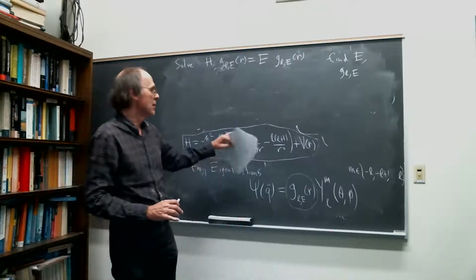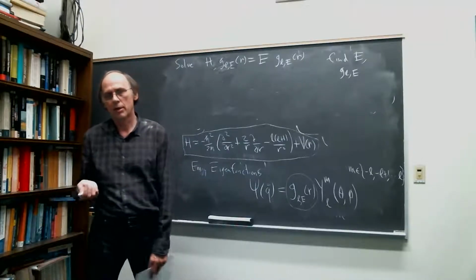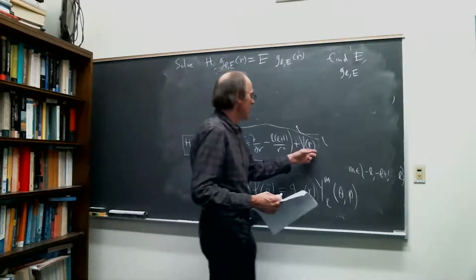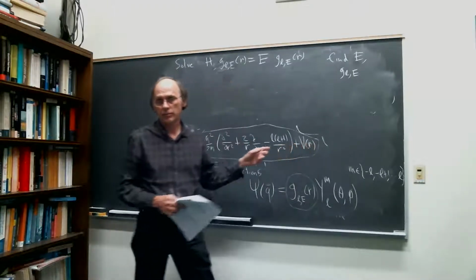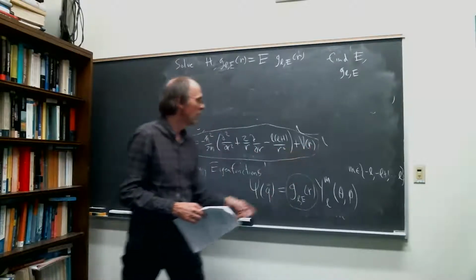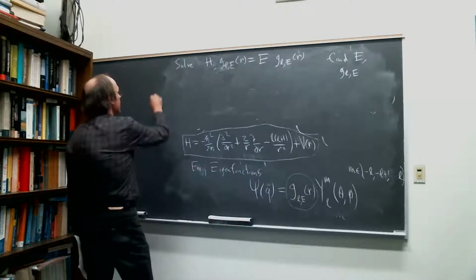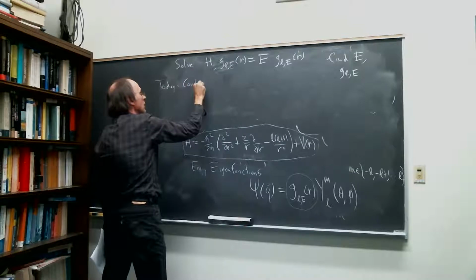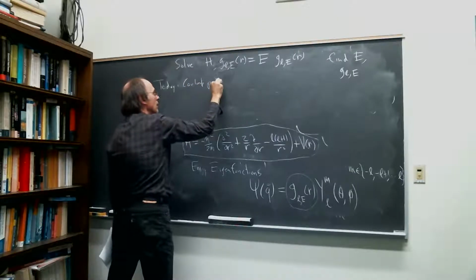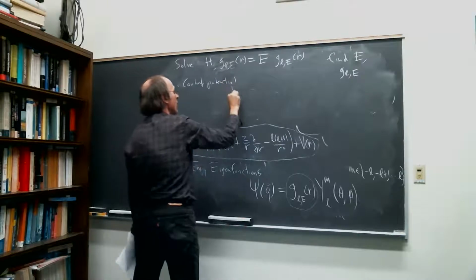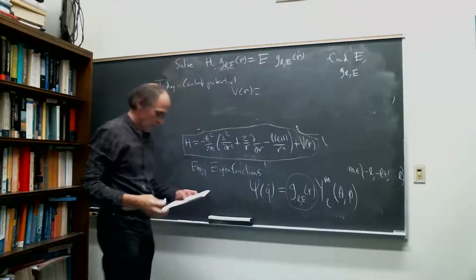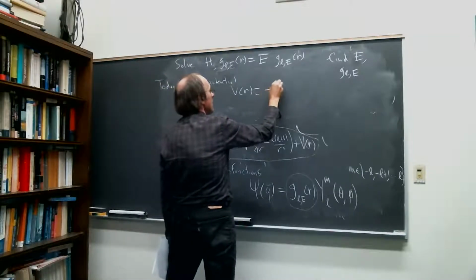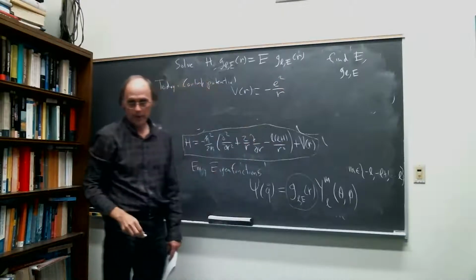One case, which we're going to talk about next time, is the harmonic oscillator, where you take V of R to be quadratic in R. But the case we're going to look at today is the Coulomb potential, so V of R is equal to minus e squared over R.